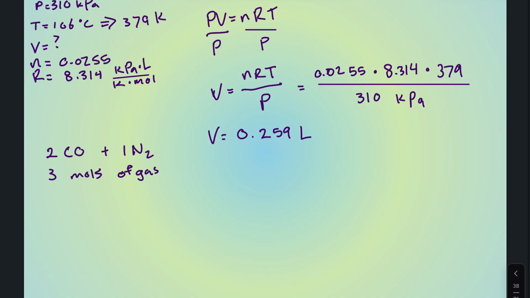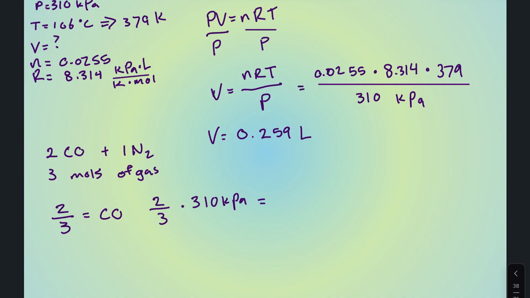And so what we can do is we can say that 2 out of the 3 moles of gas are CO, which means that the pressure is going to be applied in the same way. So we can say that 2 out of 3 times 310 kPa is going to be equal to the partial pressure of our CO value.